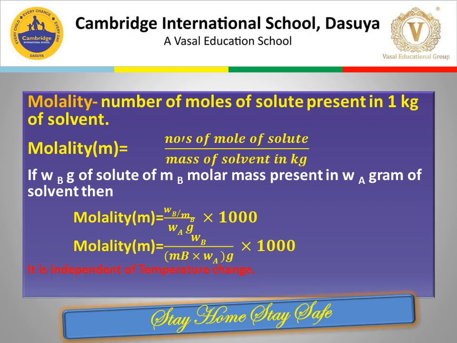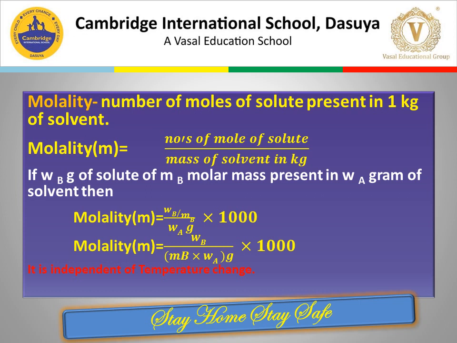upon the mass of solvent. The number of moles of solute can be given as Wb, the given mass, upon Mb, the molar mass of solute, upon the mass of solvent in gram into 1000. If it is given in kg, then no need to multiply by 1000. Otherwise, if it is in gram, then we need to multiply it by 1000 to convert it into kg.